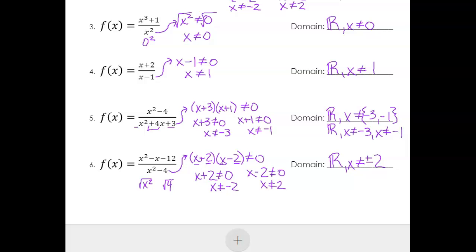That's why you have an x plus 2 and an x minus 2. If I set each factor not equal to 0, x cannot have a value of negative 2 or positive 2. So the domain of the function in number 6 is all real numbers except x cannot be equal to plus or minus 2. So just remember that whenever you're trying to find possible domains of rational functions, you can't have denominators of 0. Any x value that makes a denominator 0 is not in your domain.